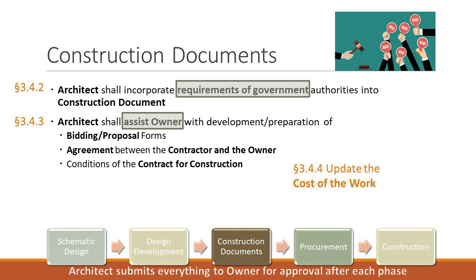3.4.3. Oh, one other thing. The term here, construction documents, is also a term that's used as a kind of conglomerate of all the things that the contractor is going to use to build it. So the drawings and specifications on this page are included as a subset of the construction documents.